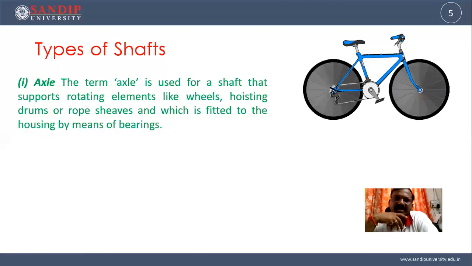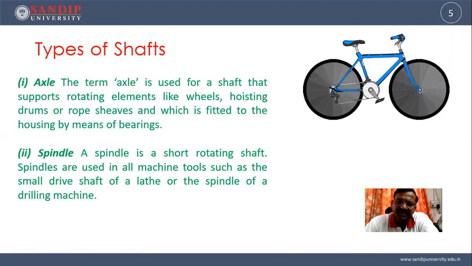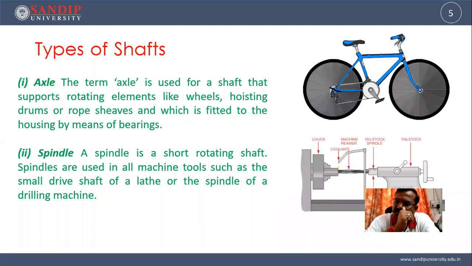supporting the rotating elements. Then the next word is spindle. Spindle is generally used for the machines, spindle of a lathe, spindle of a drilling machine. So what is spindle? A spindle is a short rotating shaft. Spindles are used in all machine tools such as small drive shaft of a lathe or a spindle of a drilling machine.